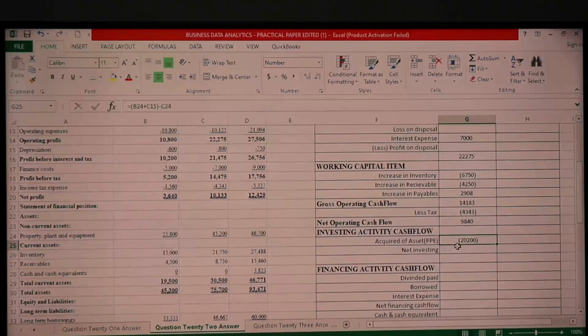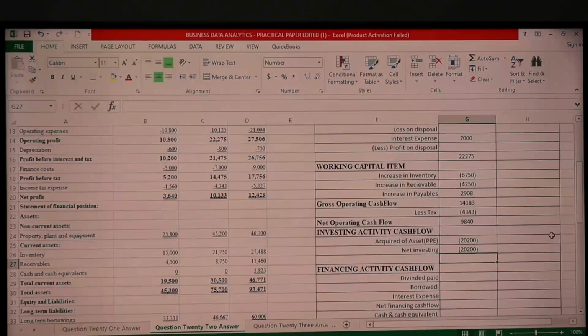So then the next thing is the net investing. Net investing, we will just pick that sale above there with the value that we have already got. So just say equals to that sale, and you get the net investing. So far, what do we get? We already have got value A. Where is our value A?